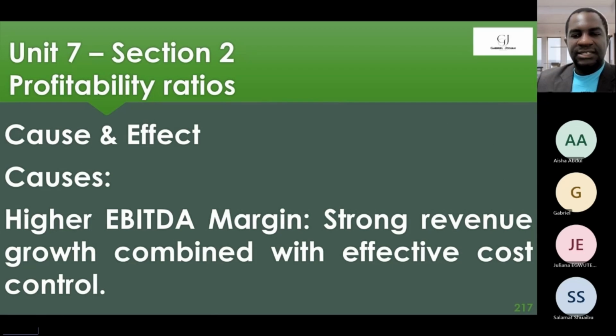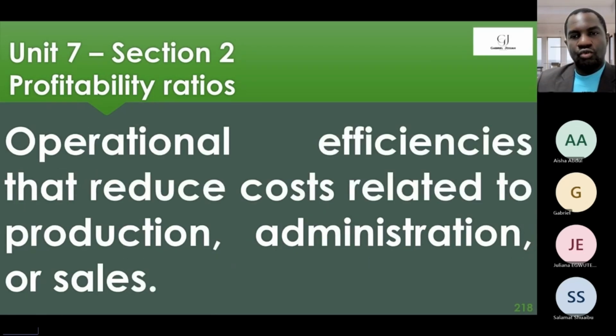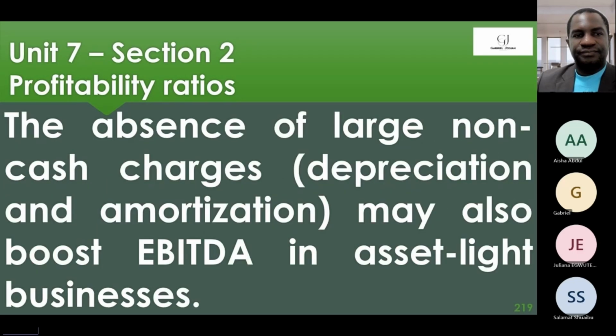Now the cause and effect. A higher EBITDA margin shows either strong revenue growth combined with effective cost control, or operational efficiencies that reduce costs relative to production. So we're looking at direct cost, then indirect, admin, and selling. The absence of large non-cash charges, depreciation and amortization, may also boost EBITDA.